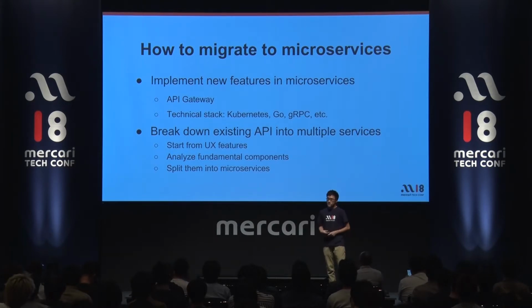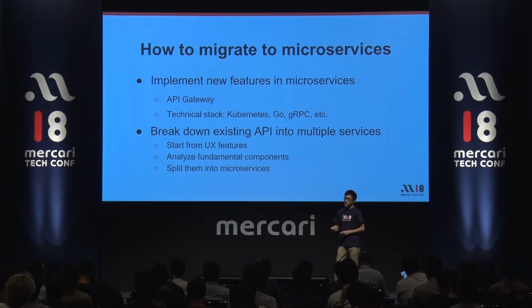To summarize, to migrate to a microservice design, we mainly talked about how to implement new features and how to break down the existing API. For new features, we mainly focused on the architecture design, the gateway pattern, and the technologies we introduced to power these features, for example Kubernetes, Golang, and gRPC.